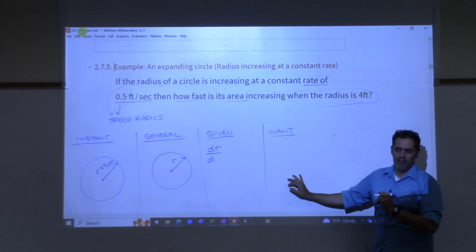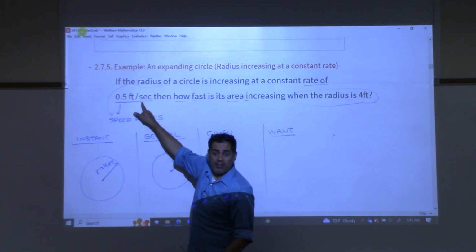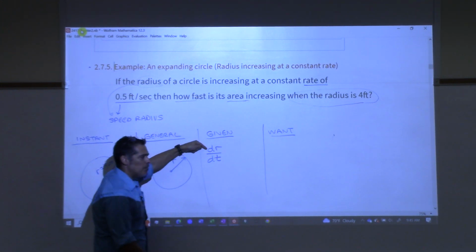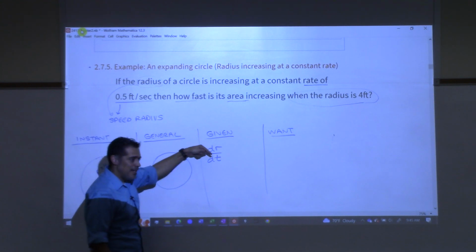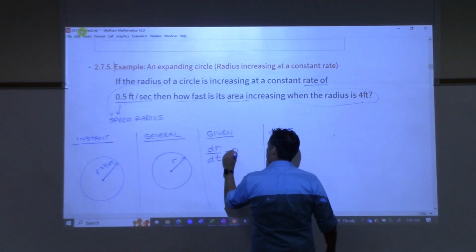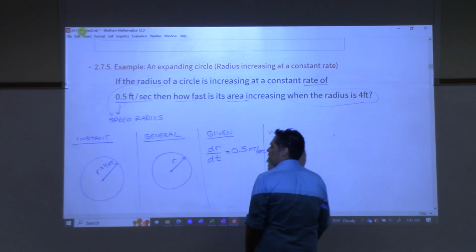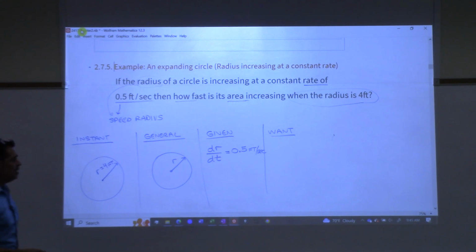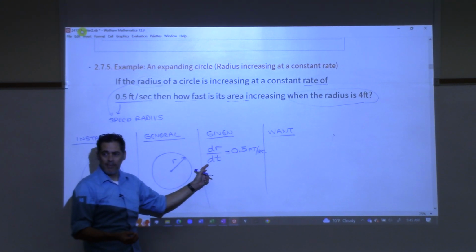What is the denominator of this ratio here? Seconds, so time. I'm going to say the instantaneous change in radius with respect to time, dr/dt, is equal to 0.5 feet per second. Does that make sense to you? We're given a rate of change in the radius. A rate of change is a derivative. So we represent this 0.5 as the derivative of the radius with respect to time.